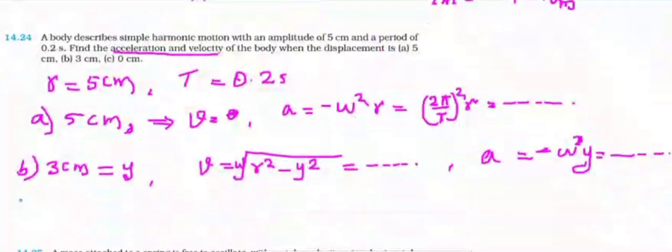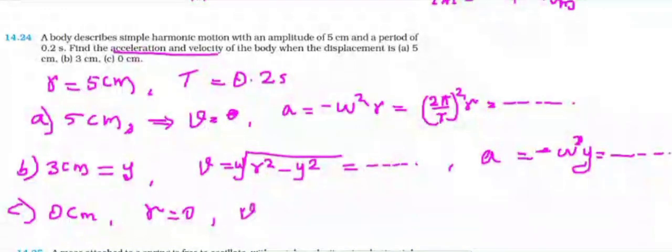Okay, then next part C, 0 centimeter. Velocity, v is equal to 0, oh, that we have already taken.